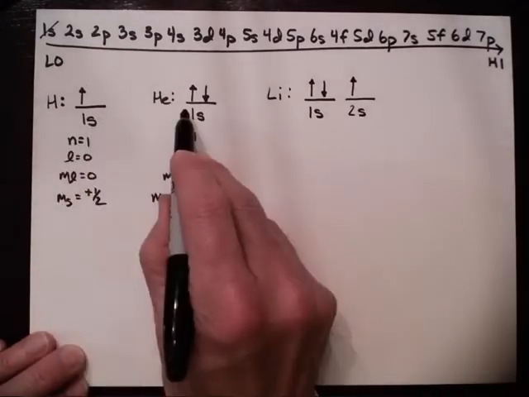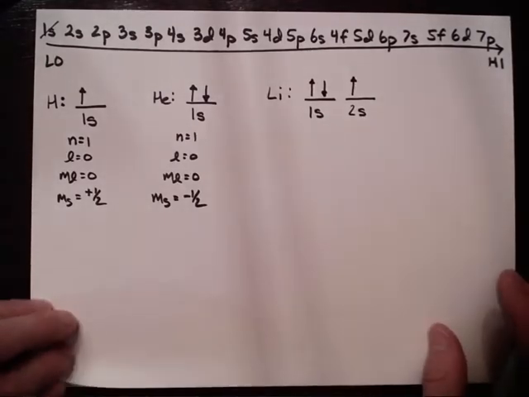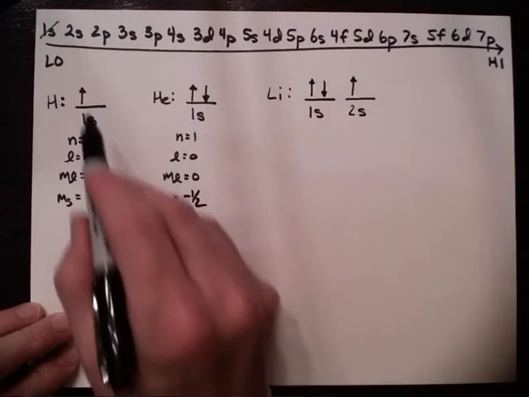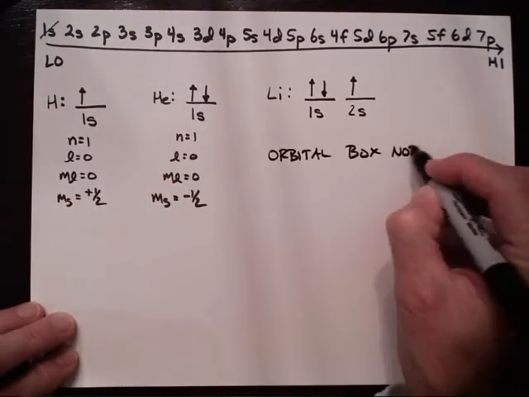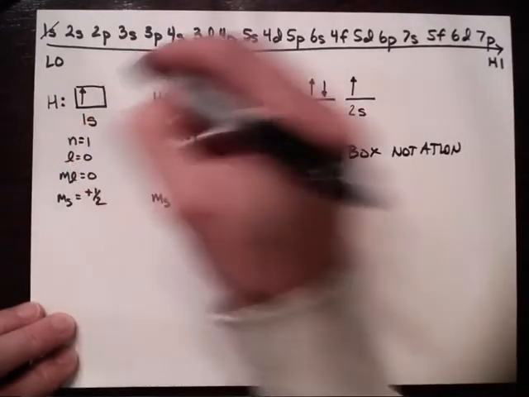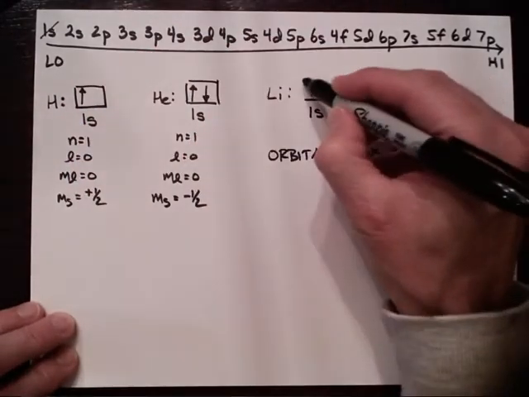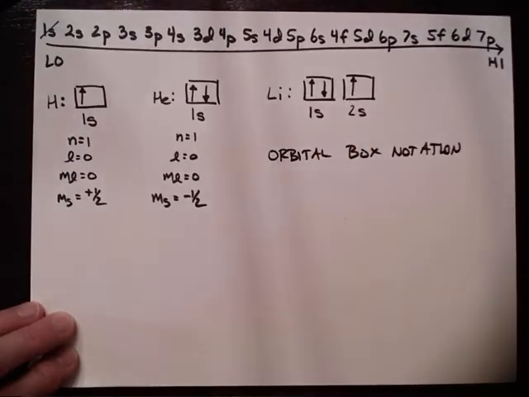Now these 3 ways of drawing what we call the electronic configurations for the electrons in the atoms, these are called orbital box notation, in which each of these lines sort of represents a box into which the electrons go. So the orbitals are viewed sort of as boxes into which the electrons go.